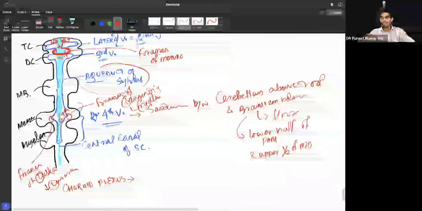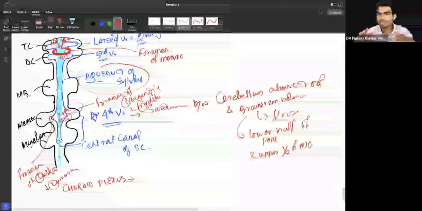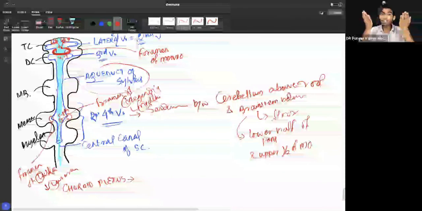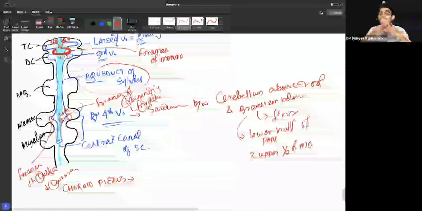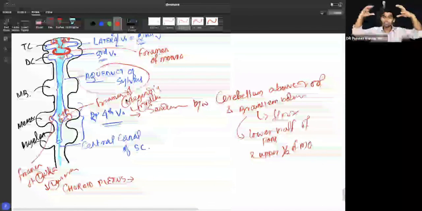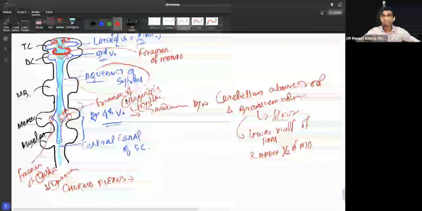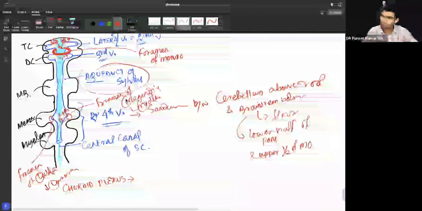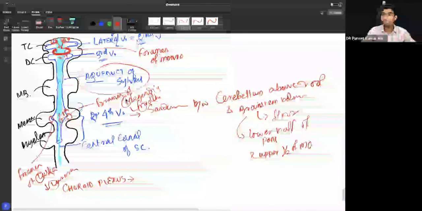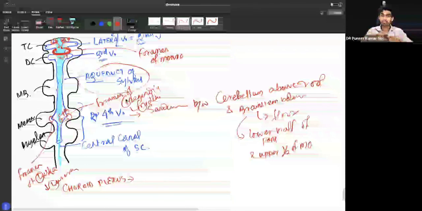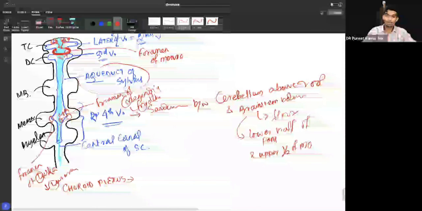Okay. Now the CSF is present in the fourth ventricle. These foramina open into the subarachnoid space. In the subarachnoid space, you have the CSF. Now CSF is mainly synthesized in the ventricles, and through the aqueduct of Sylvius, the CSF reaches the fourth ventricle, and from the fourth ventricle, the CSF goes to the subarachnoid space through these two foramina.